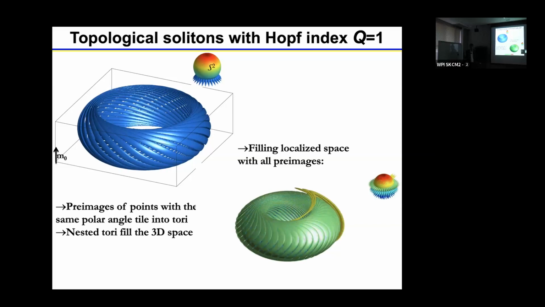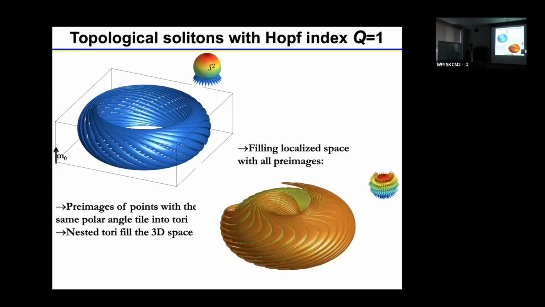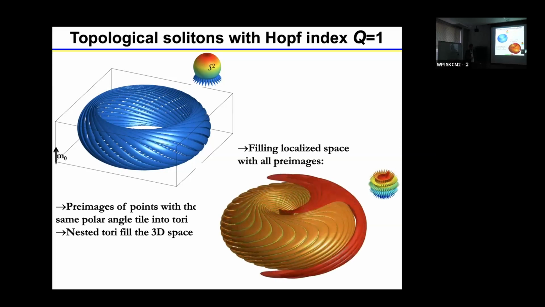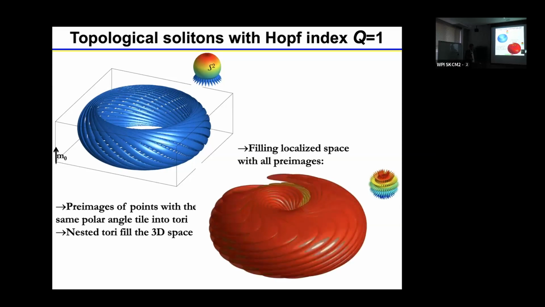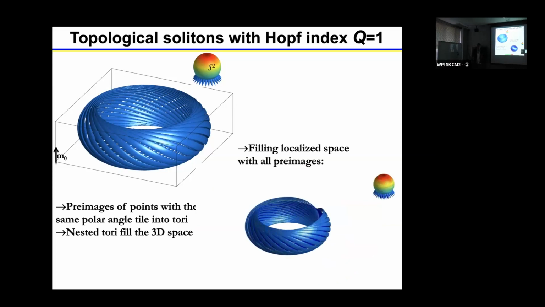So topology-wise, this elementary Hopfion with Hopf index Q equal 1 is topologically identical to the Hopf fibration that we saw earlier. But geometrically it's different, because the Hopf fibration takes the entire R3 three-dimensional space, whereas the topological soliton here is compactified. It's compact.